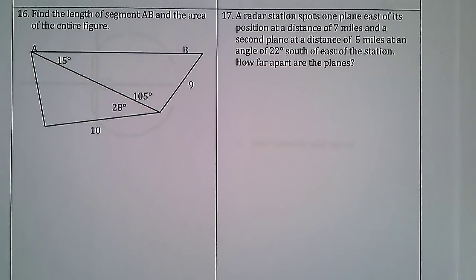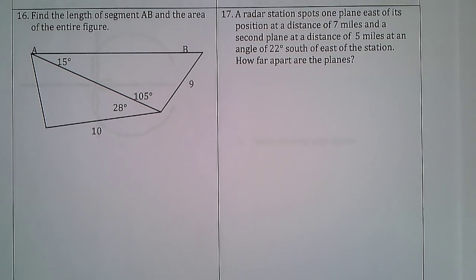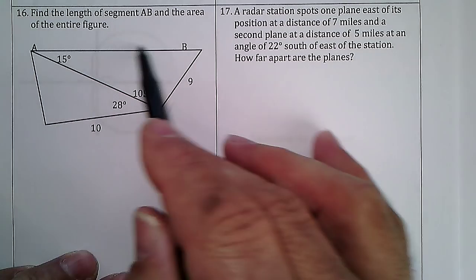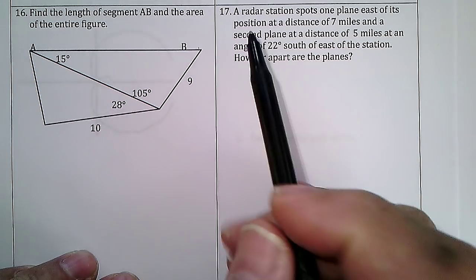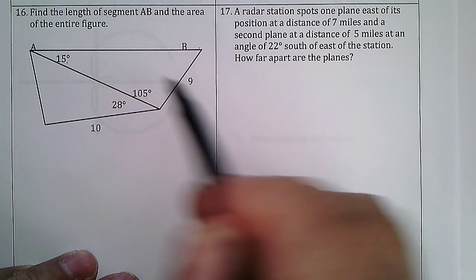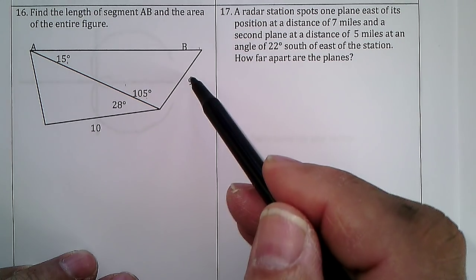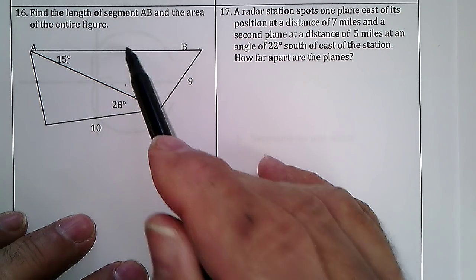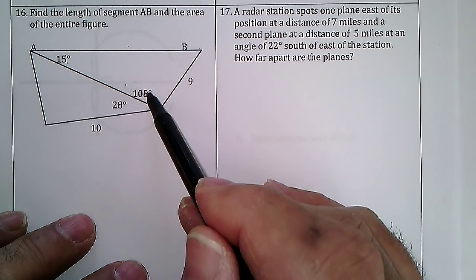Find the length of segment AB and the area of the entire figure. Length of AB. So we have angle, angle, side. We should be able to use the law of sines to figure out AB. Let's see.